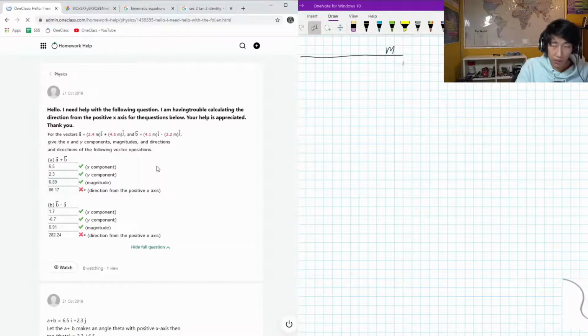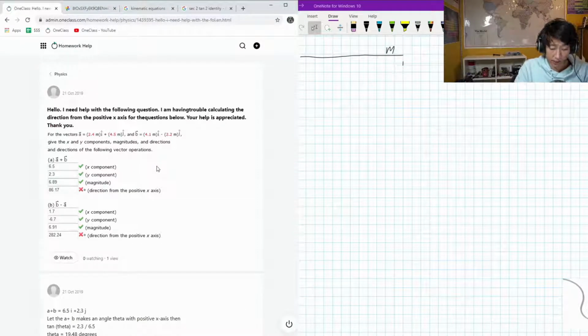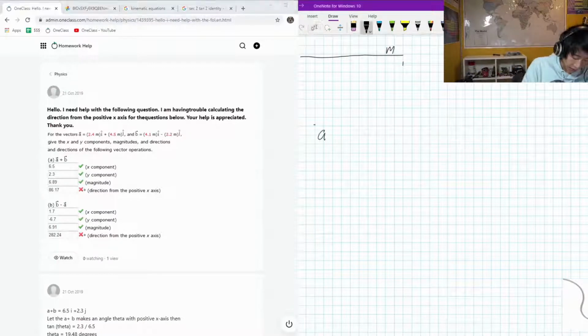Okay, so the next question that we have here is a vector situation. Everything's fun with vectors. So we have 2 vectors. We have A. Let me write out the vector A. I'll write the units outside of the brackets.